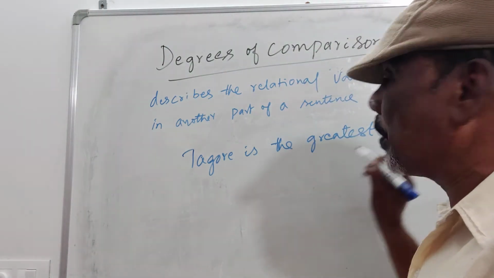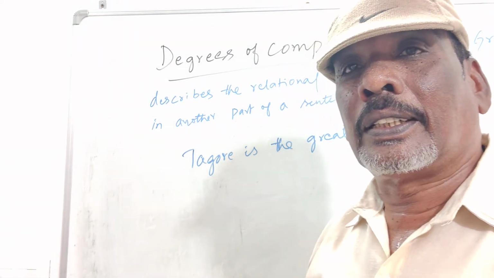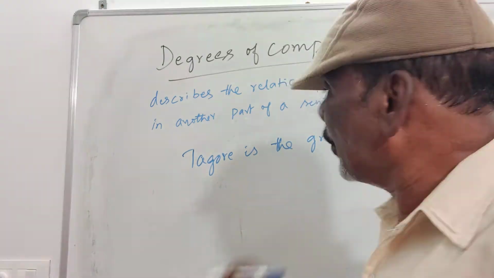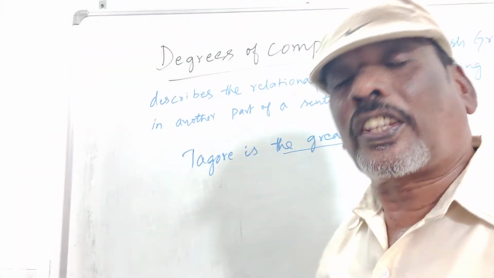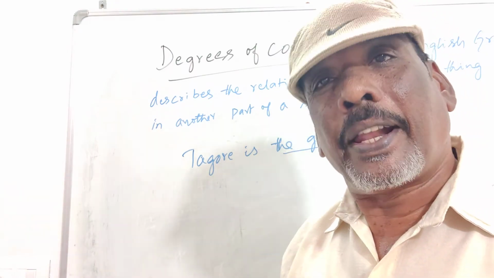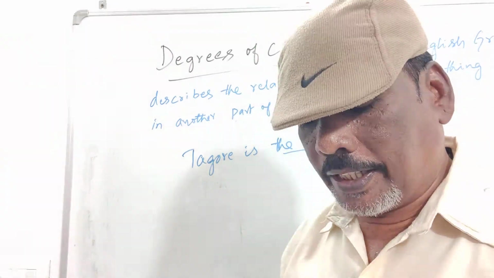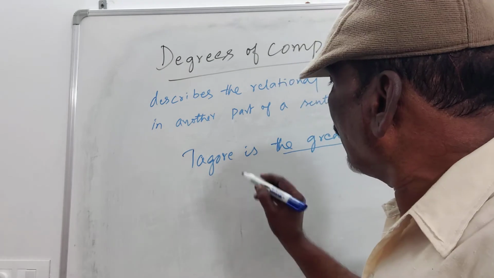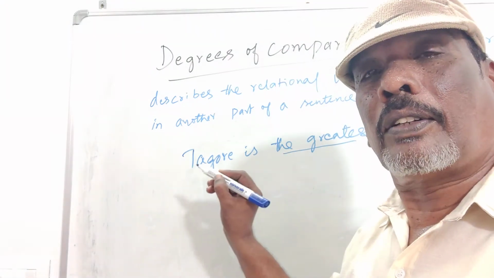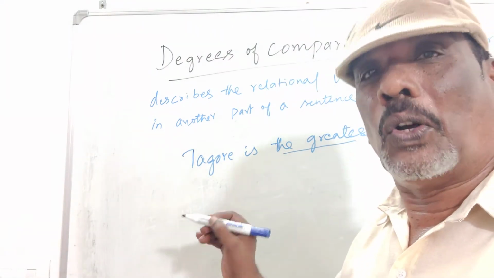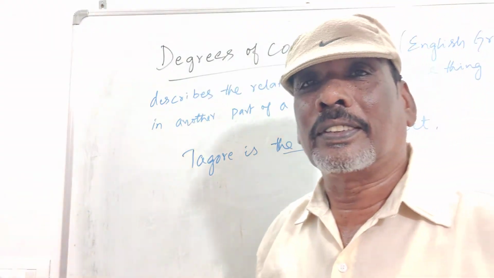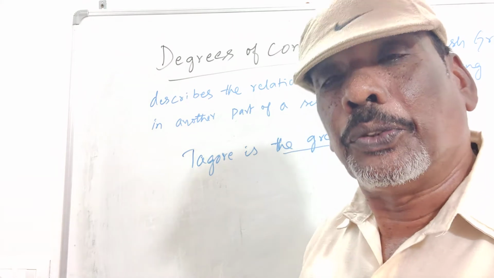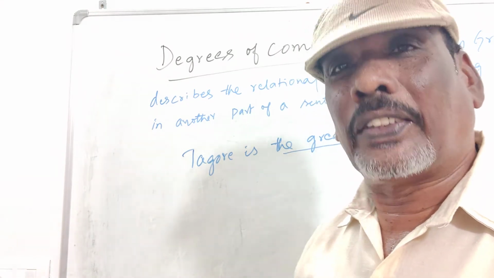Tagore is the greatest poet, right? This is superlative degree, and this sentence has to be changed into comparative and positive degree. Here you see, there is no "not" or "never" or "no", and it is an affirmative sentence. In this case, we should use "no other", right?